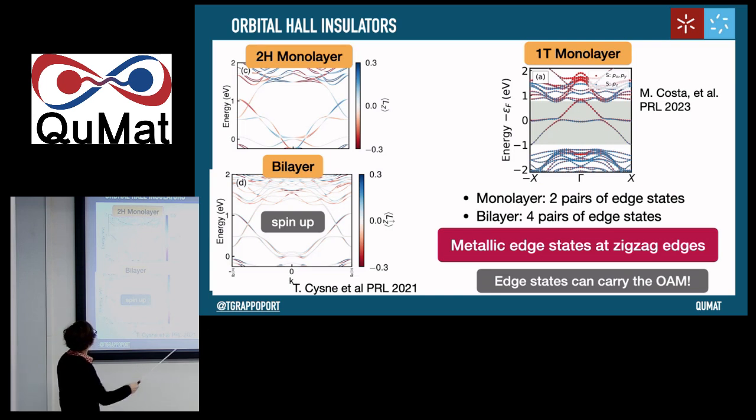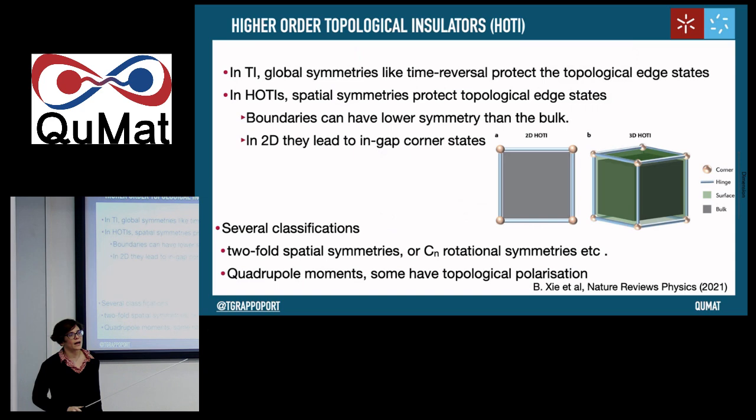Now, to discuss the origin of these edge states that were puzzling for a while, we need to discuss a little bit higher-order topological insulators. So I think here we have a lot of people familiar with higher-order topological insulators. In normal TIs, we have global symmetries like time-reversal symmetry that protect the topological edge states.